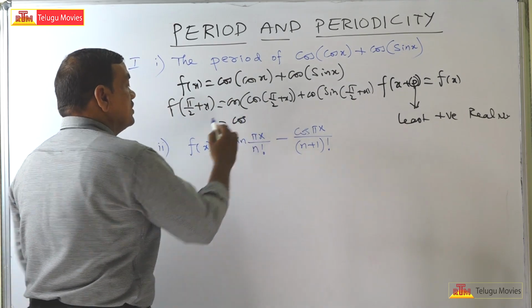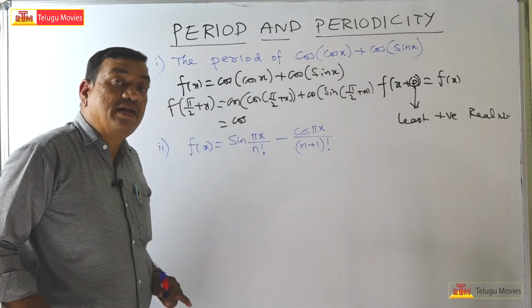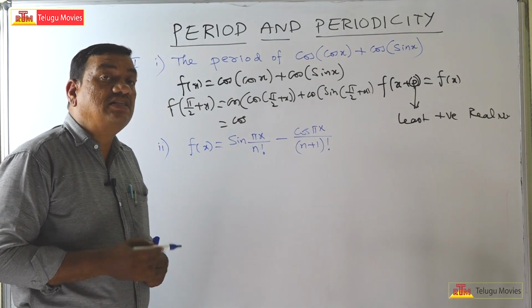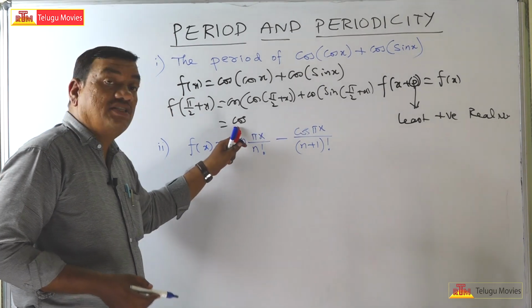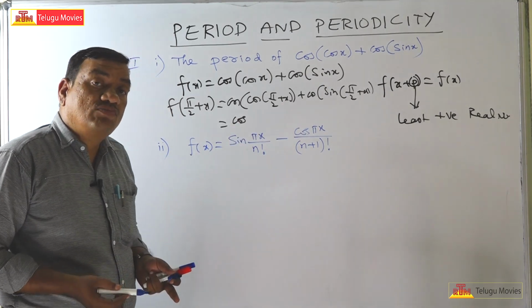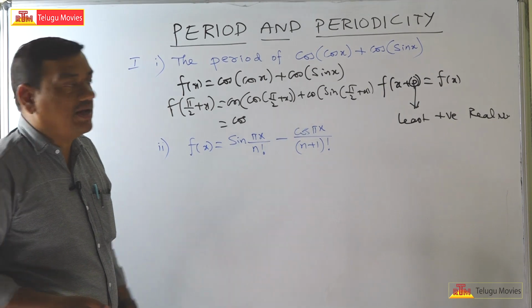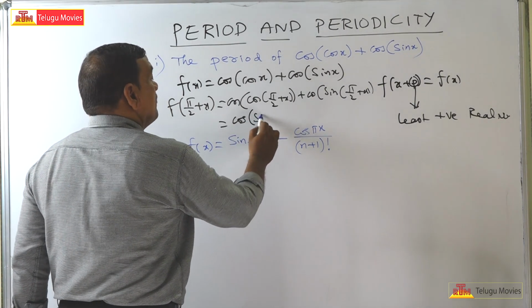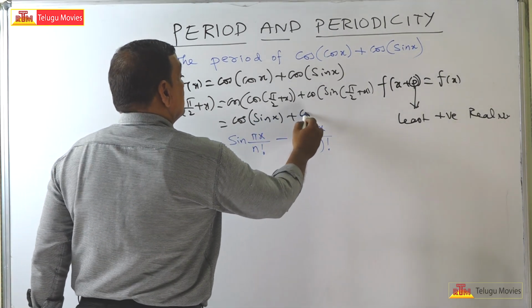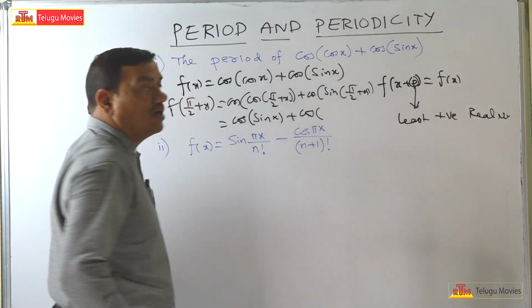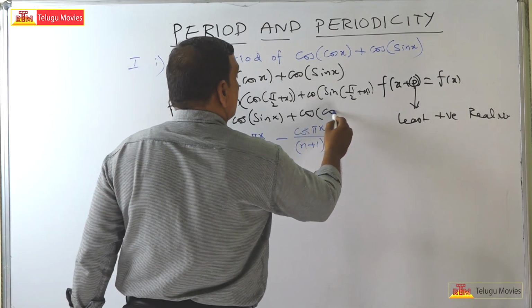Cos of 90 plus theta is minus sin theta, but it is a cos function, and in the cos function, cos of minus is the same. So that is equal to cos of sin x. And this is cos of sin of 90 plus theta, which is cos theta, so this is cos x.